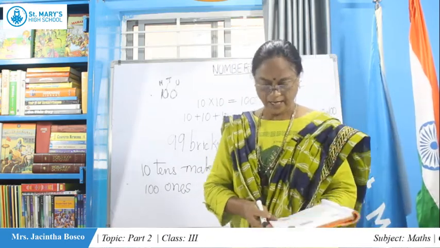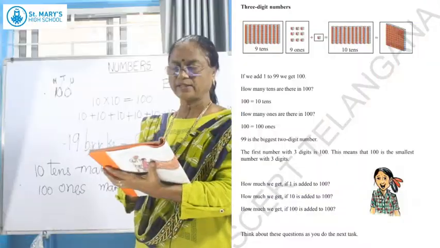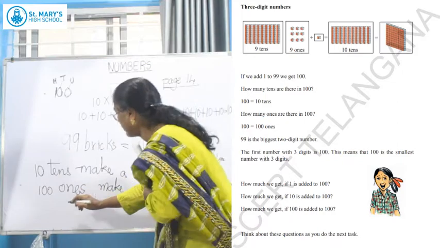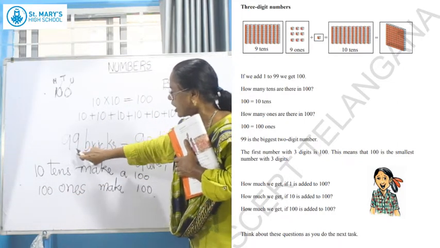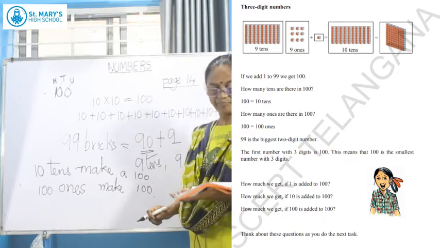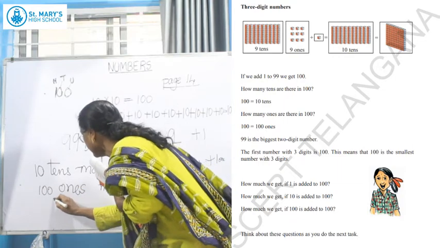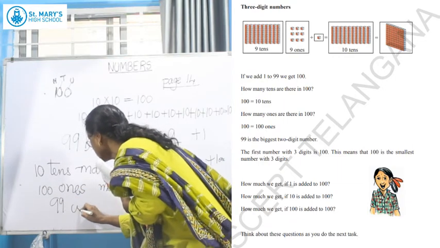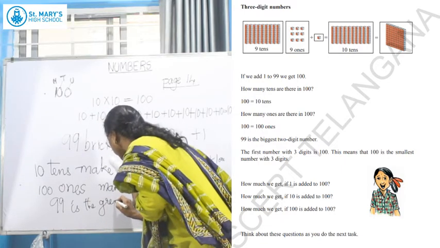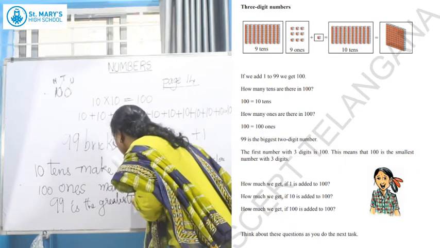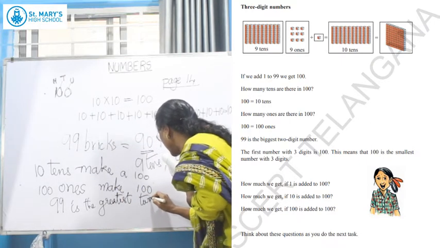Right? Now, you see in the textbook there. 99 is one more fill in the blank question here. 99 is the last 2-digit number. It is the greatest 2-digit number.